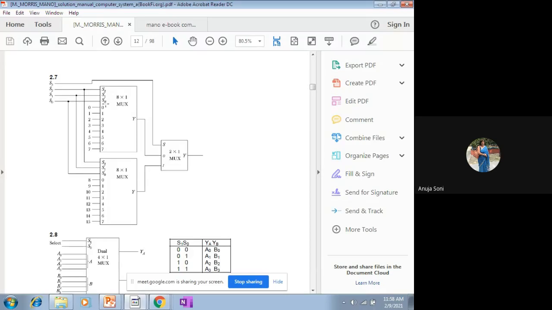Its select pins are S0, S1, S2. Similarly, for this multiplexer also 3 pins are needed, because 8 input lines converted in terms of 2 raised to power 3 gives 3 select pins. So this part we have constructed.